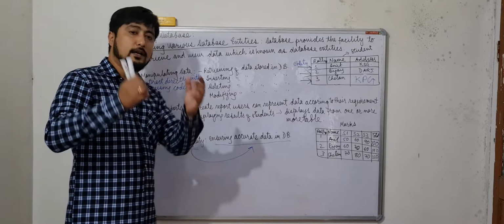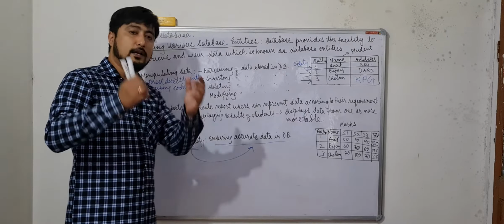In the roll number field you can store only roll number, and in the name field only name. This is called ensuring accurate data or providing data integrity.